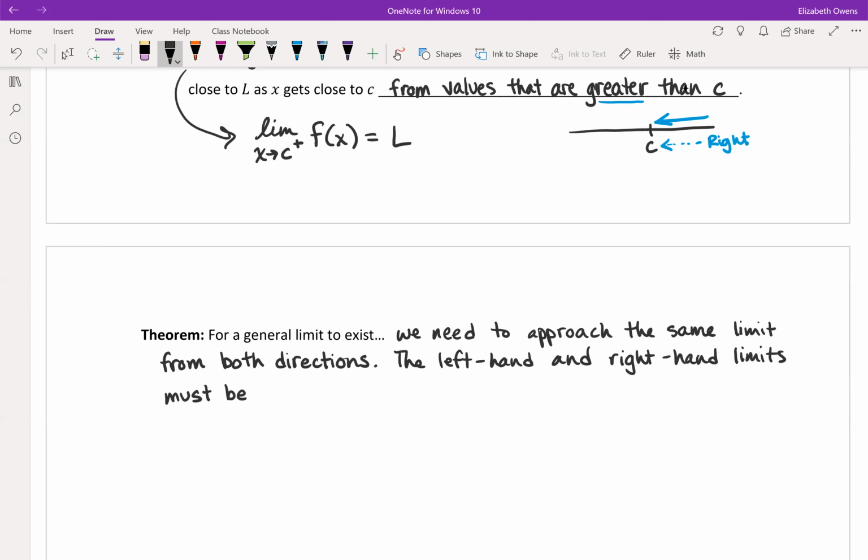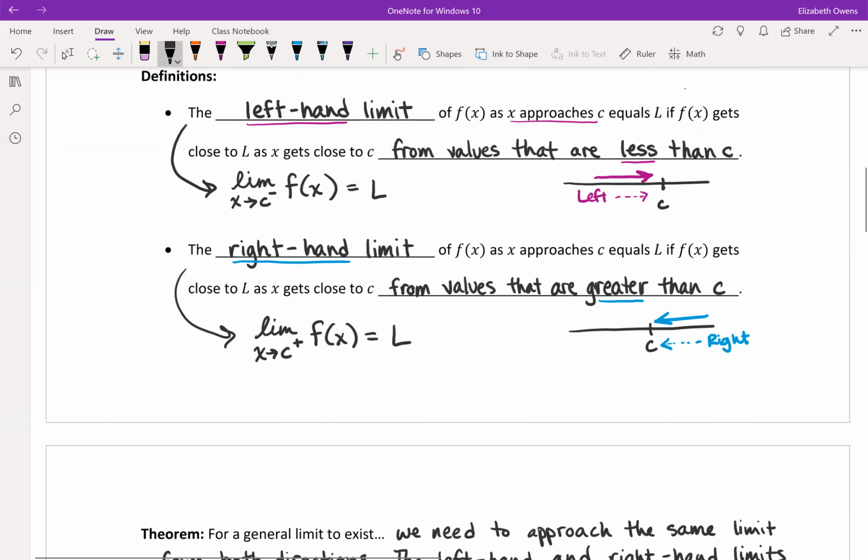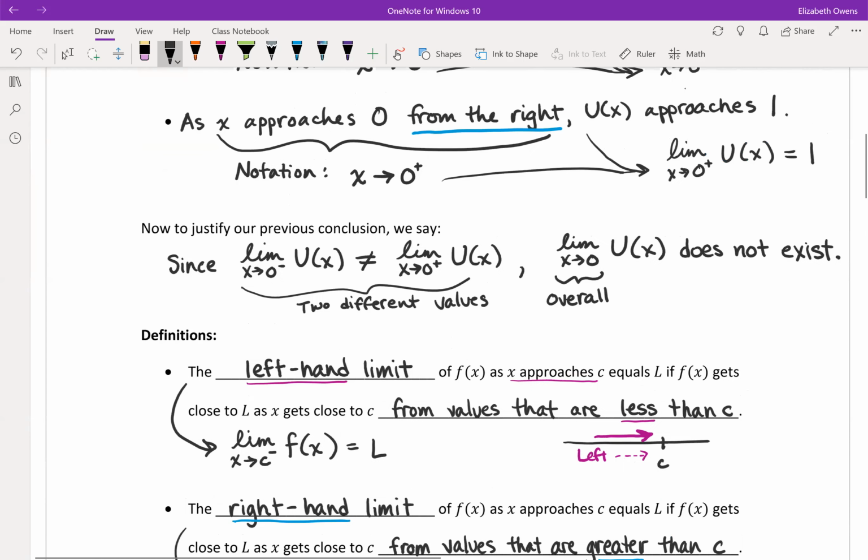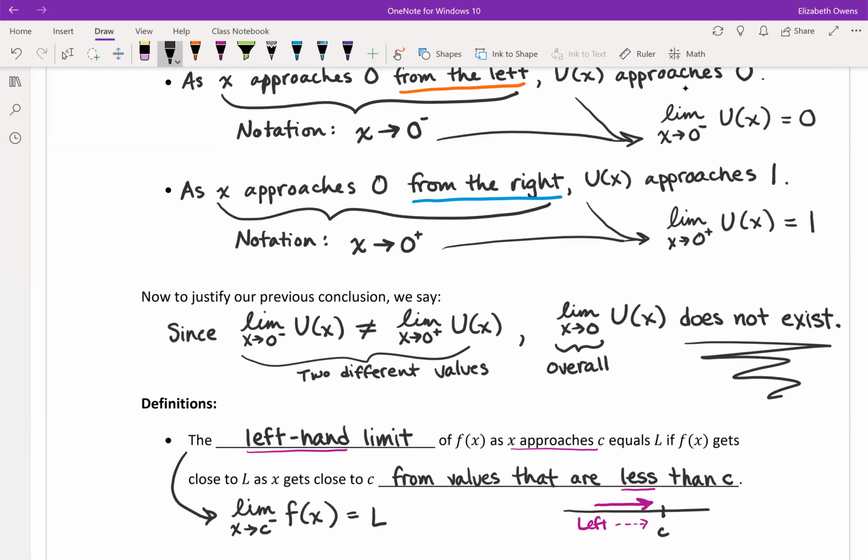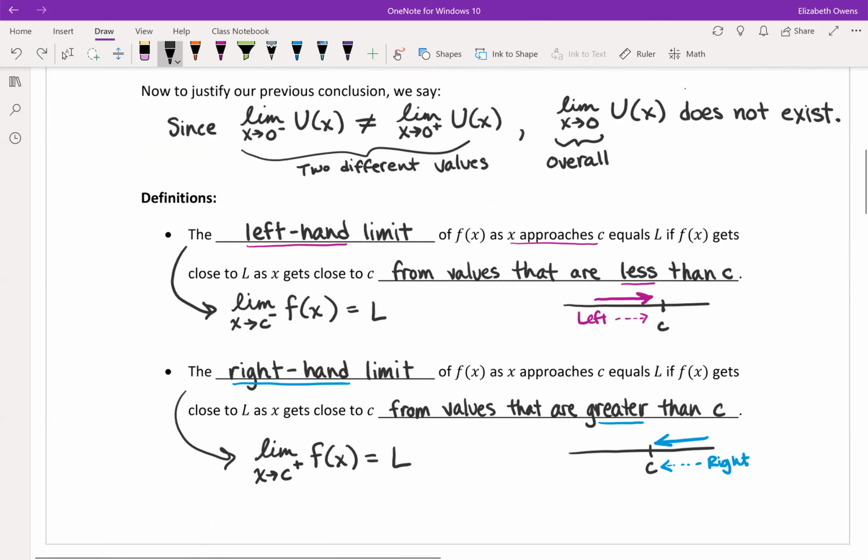So that's why we were able to see that the limit of the unit step function as x approached 0 did not exist, because the left-hand limit and the right-hand limit were two different values. So that really all goes together here.